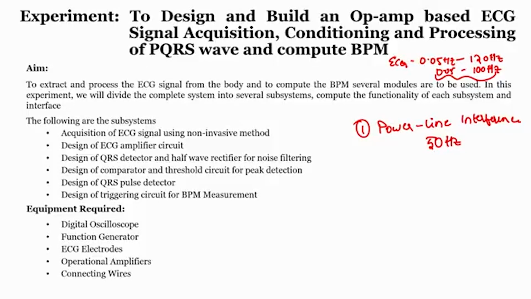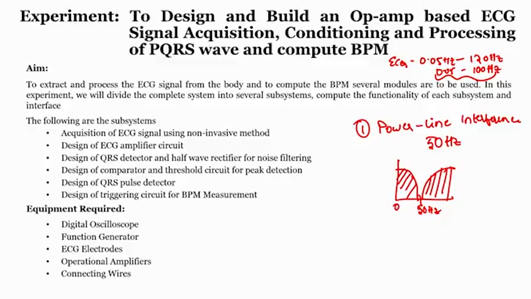But if I want to filter the 50 hertz signal, we can use a notch filter. How does a notch filter look? Something like this and like this. This is the frequency which we do not want to allow, and these are the frequencies which will be passed through.